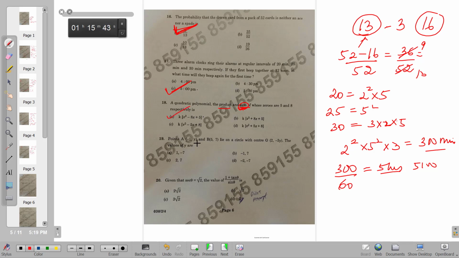The 19th one. The points lie on a circle with center (2, minus 3y), and we need to find the values of y. Using the distance formula, AO square must be equal to BO square.